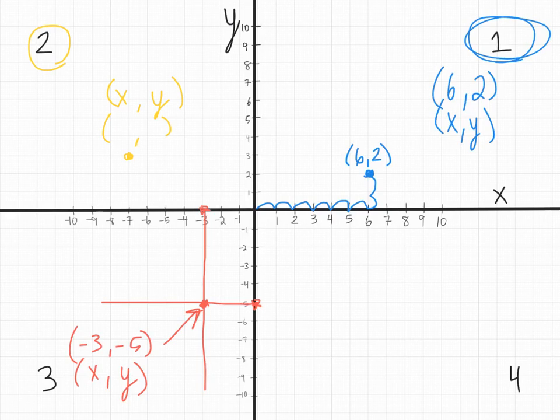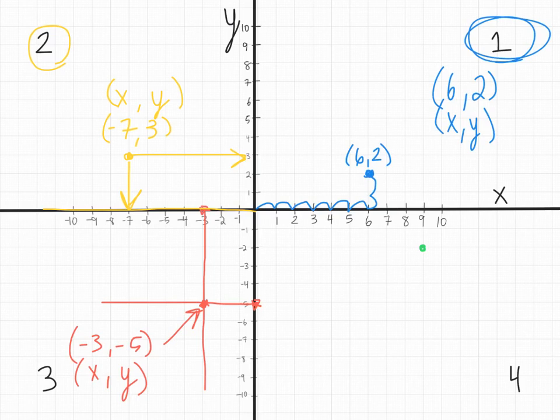Remember, this is the x-axis down here. And so the number that's for the x is going to be -7. So x is going to be -7. And what's the y number going to be? +3. -7 and +3. So that's the answer. The answer is that this point is located at -7, 3, and it is in quadrant number 2.